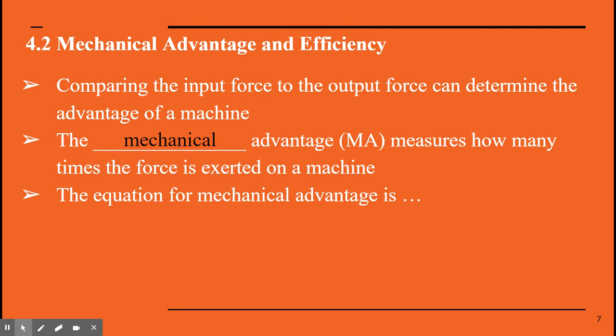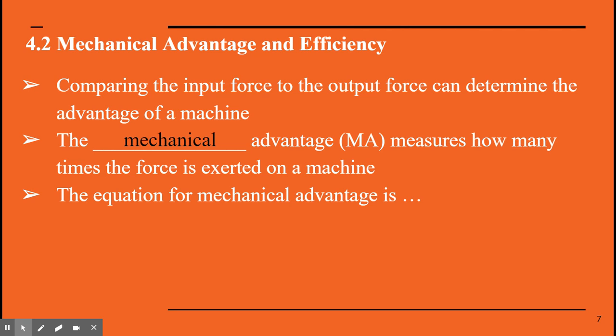Going from 1 to 2.5, it's multiplied 2.5 times. So the mechanical advantage of this machine would be 2.5. And that's a good advantage. Usually anytime you have more than 1, it's going to be beneficial for you to use.